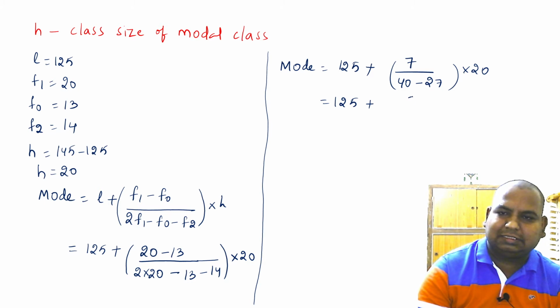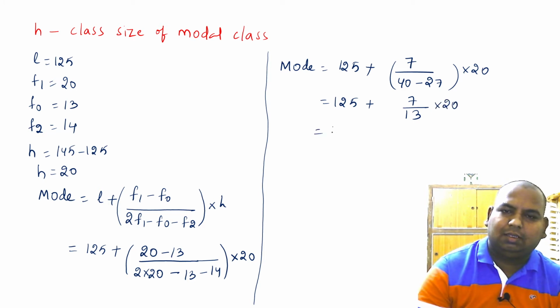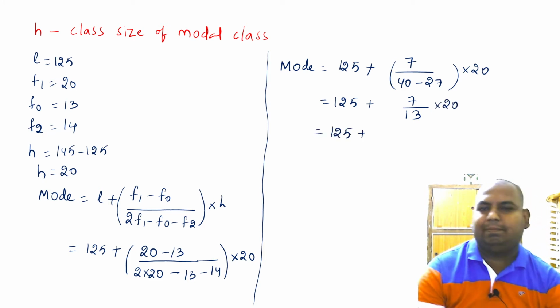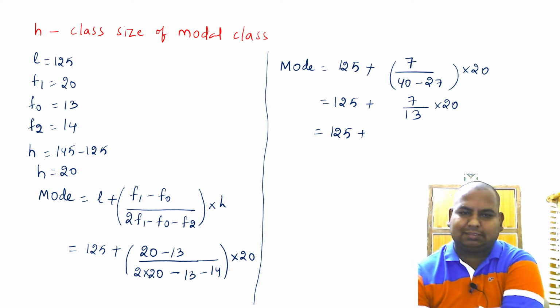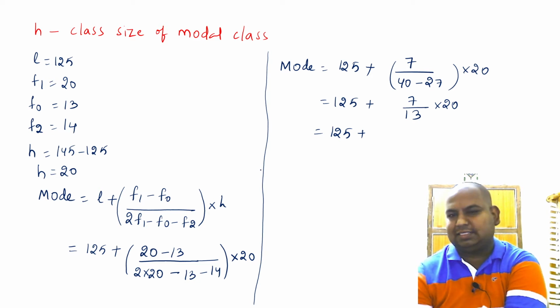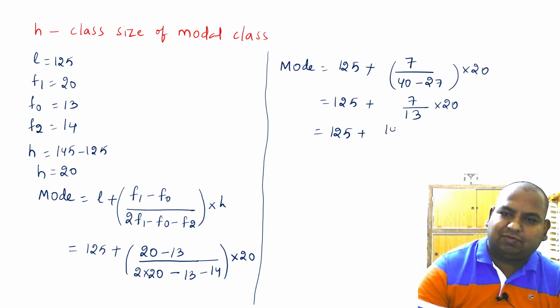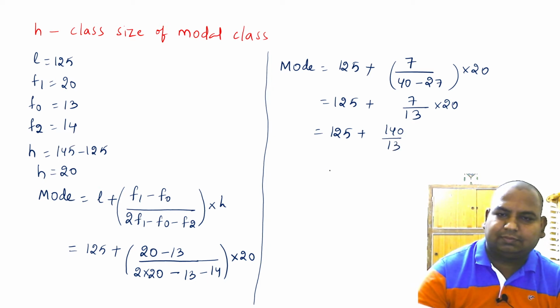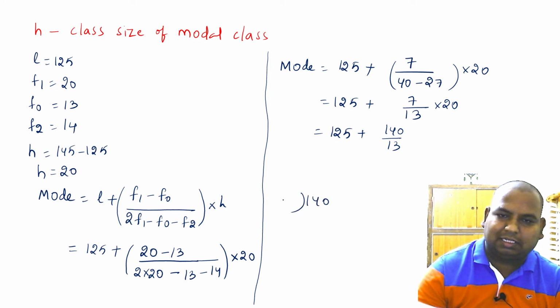That is 125 plus 7 by 13 into 20, which is equal to 125 plus, no mistakes, 40 minus 27 is 13, right? So 7 20s are 140, 140 by 13. Let me find the value of 140 by 13 here.